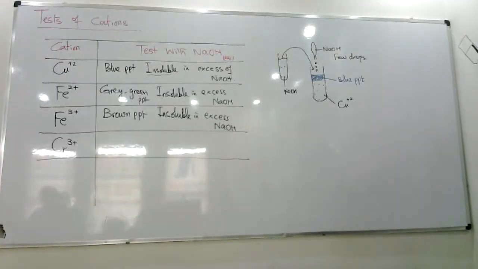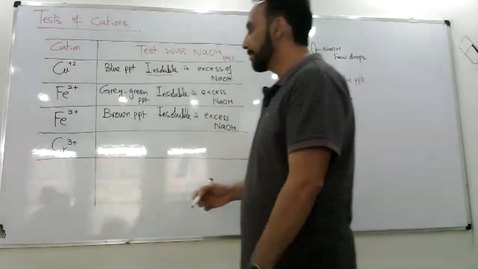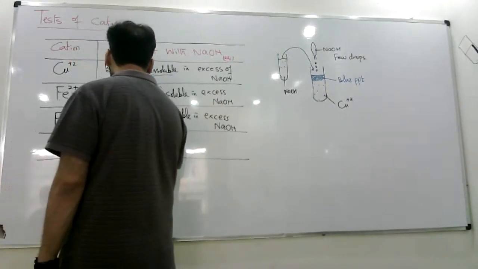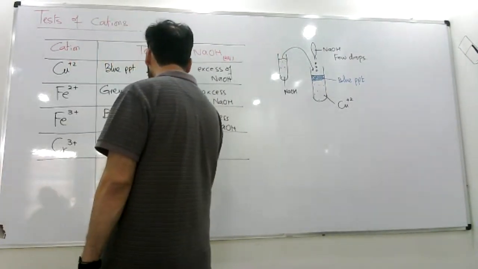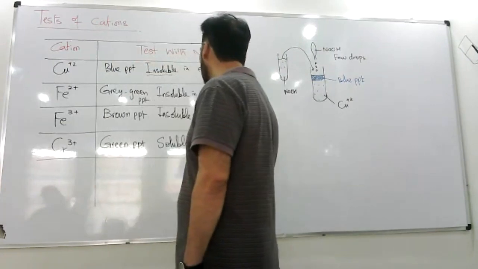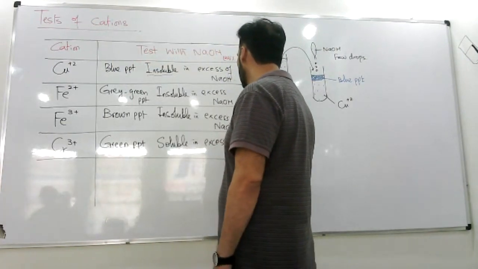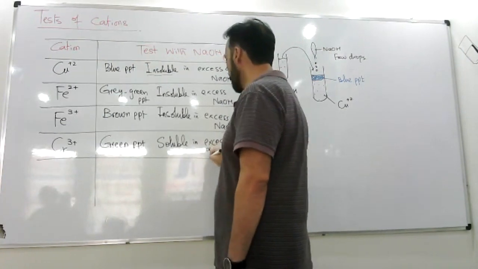and chromium forms green precipitate, which is soluble in excess NaOH and gives green solution.